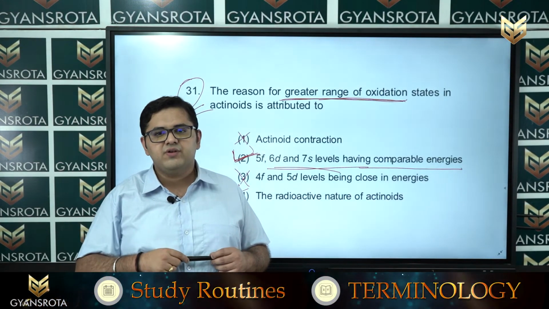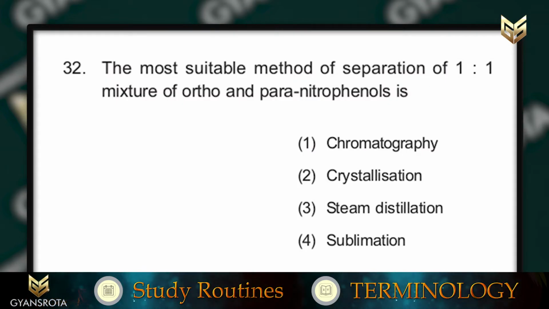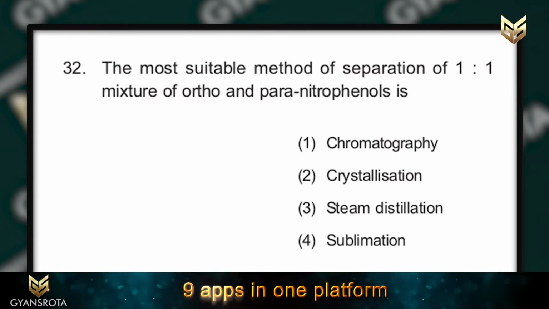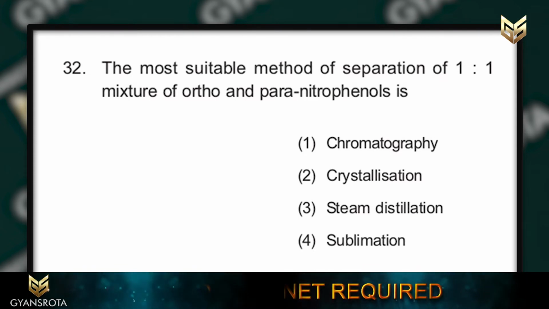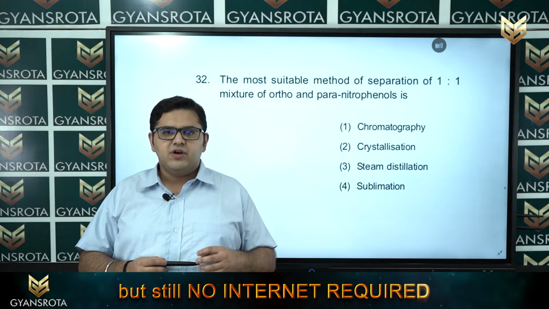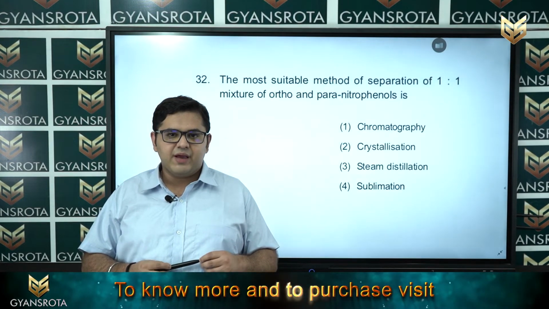Now we are moving to another question, question number 32, which is on your screen. The most suitable method of separation of a 1:1 mixture of ortho and para nitrophenol is. This question comes from your class 12 NCERT, from the general principles of organic chemistry.